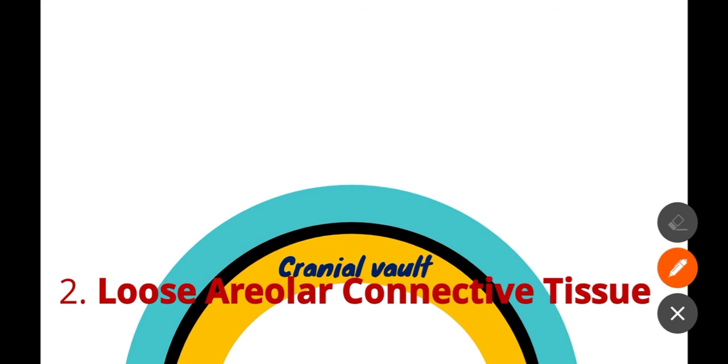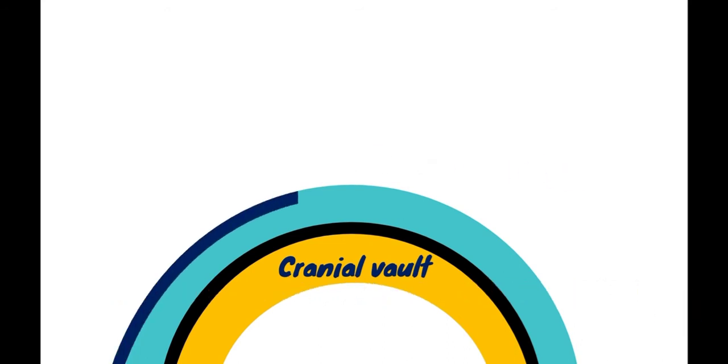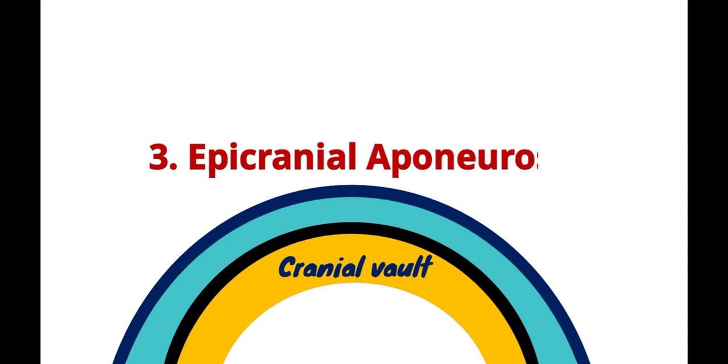So the next layer above the loose areolar connective tissue is the galea aponeurotica, the third layer. It is a fibrous tissue which connects the occipitalis muscle and frontalis muscle.